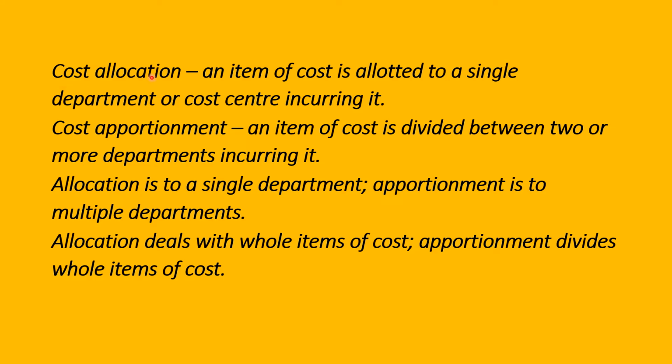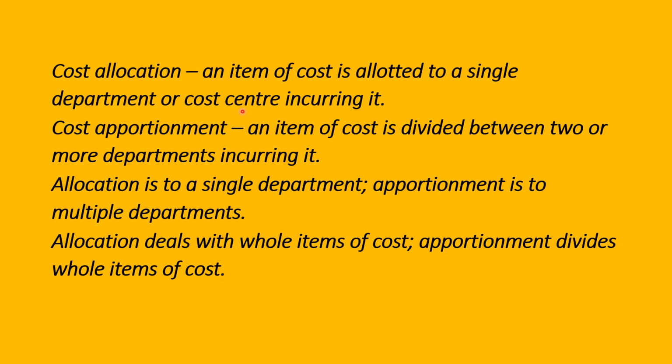Cost allocation: an item of cost is allotted to a single department or cost center incurring it. An example of that could be something like rent. If you pay rent for an entire department, you would allot the cost of the rent to that department or cost center that incurred it.